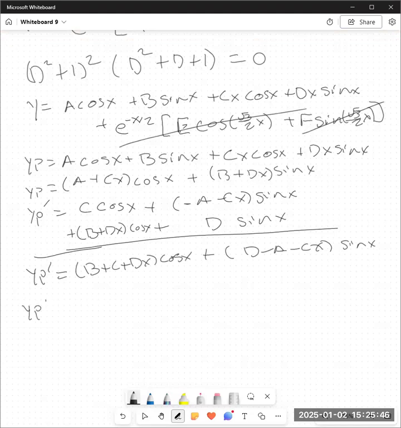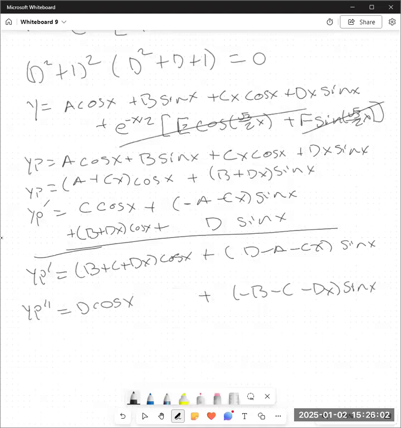So yp double prime is equal to D cosine of x plus negative B minus C minus Dx sine of x minus C sine of x, then plus D minus A minus Cx cosine of x.